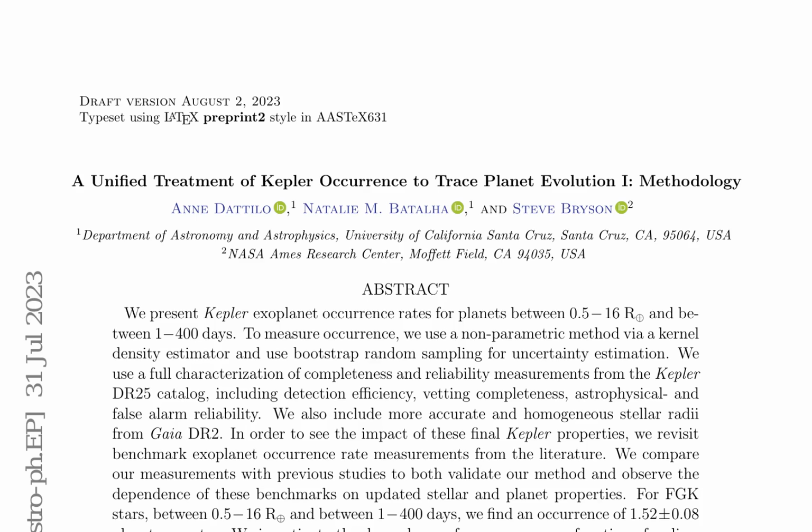Vetting completeness is calculated by analyzing the fraction of recovered planet candidates, PCs, in the injected set of planets from Christiansen 2017, in period-expected MES space. This fraction is treated as a binomial rate and fit to a surface in period-expected MES space using Markov chain Monte Carlo, MCMC, inference with emcee.